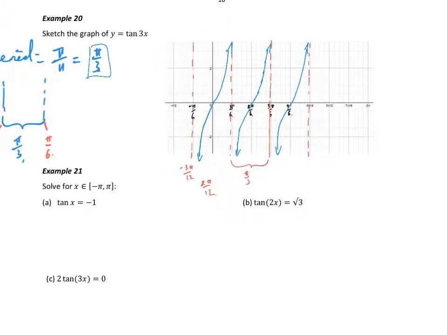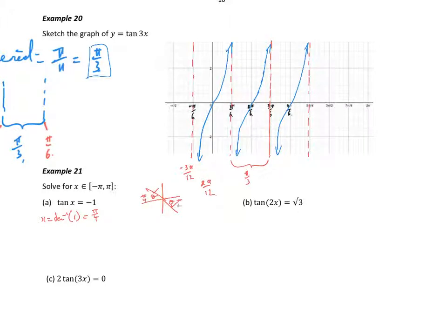And then finding x-intercepts or solving our tan function is exactly the same as solving our sine or cosine functions. Whereabouts is tan negative 1? Well, tan is negative in this quadrant and this quadrant. So they're the quadrants that we're in. They're my angles. So x is tan inverse of 1, which is, give me a moment, pi on 4.